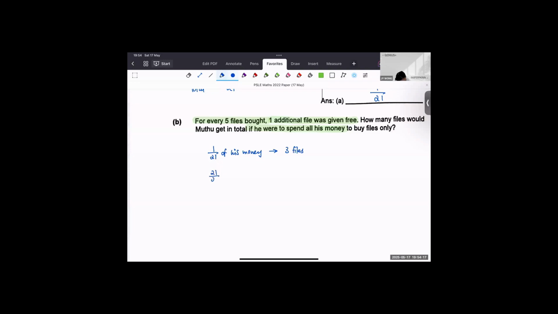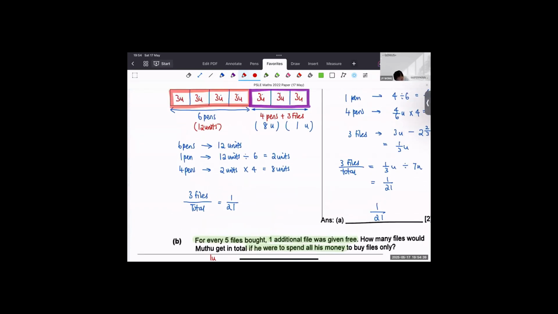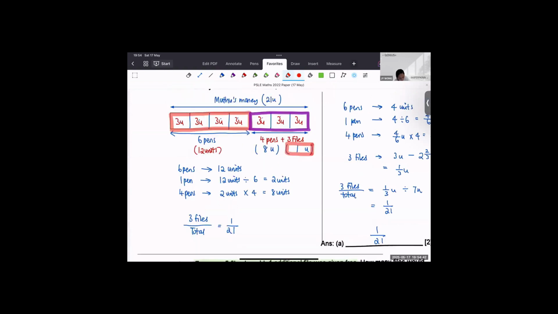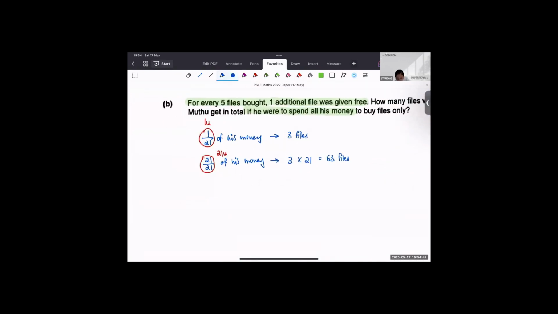So 21 out of 21 of his money can buy him 3 times 21, which is 63 files. If you don't want to use fractions, you can always just change to 1U and 21U, because we already know the files is 1 unit and the total is 21 units. So you can do it in terms of units or in terms of fraction. It doesn't change the way things are. So he can buy 63 files.